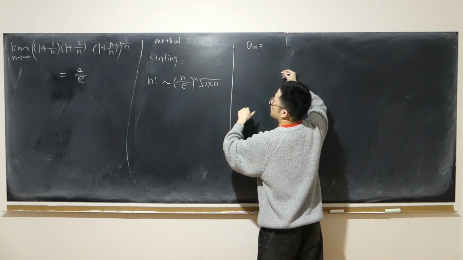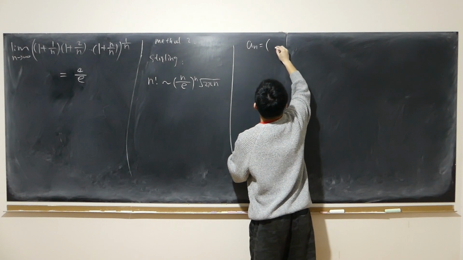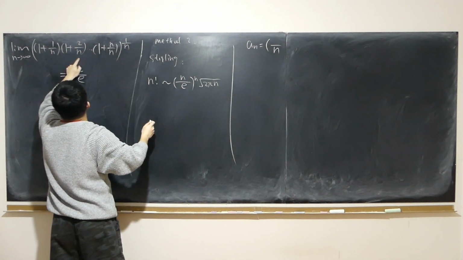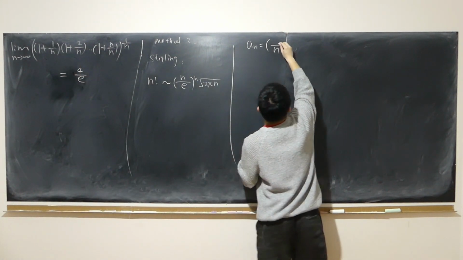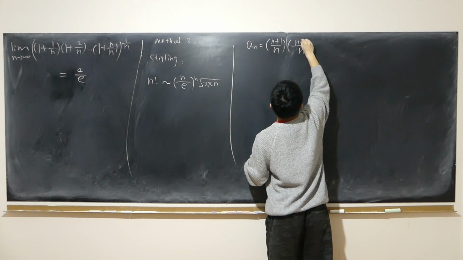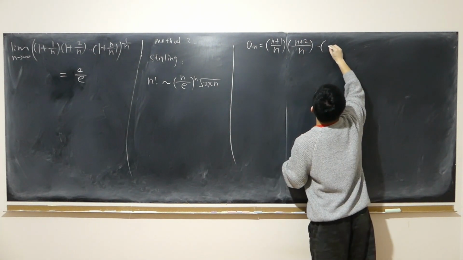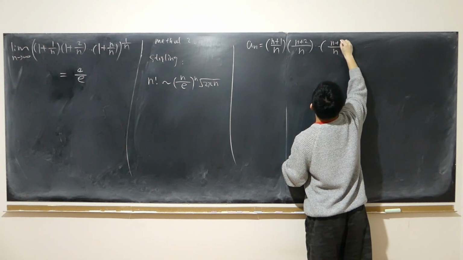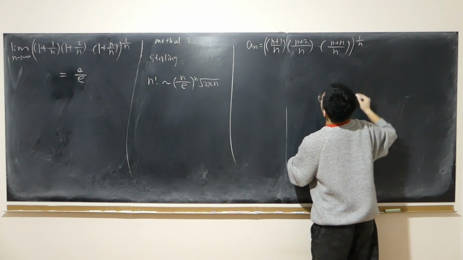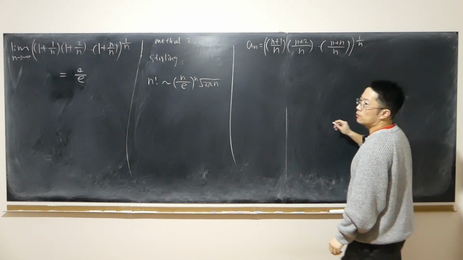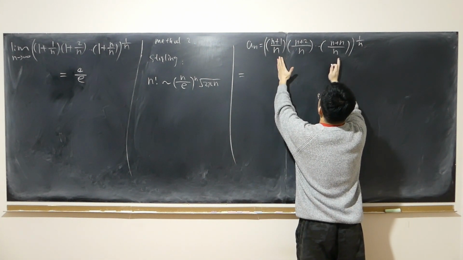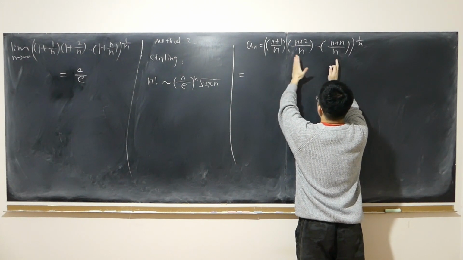First of all, common denominators. n plus 1, n plus 2, and so on, all the way to n plus n, all together raised to the power 1 over n. Still, I'm going to multiply everything together. So down here I have n many n multiplied together.